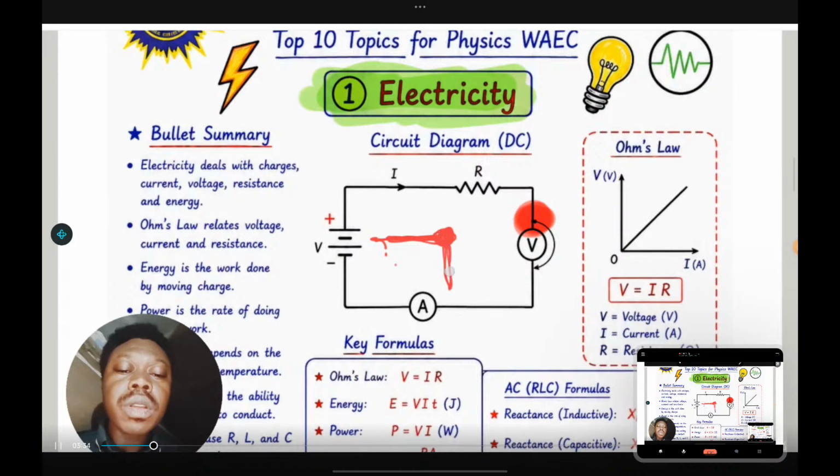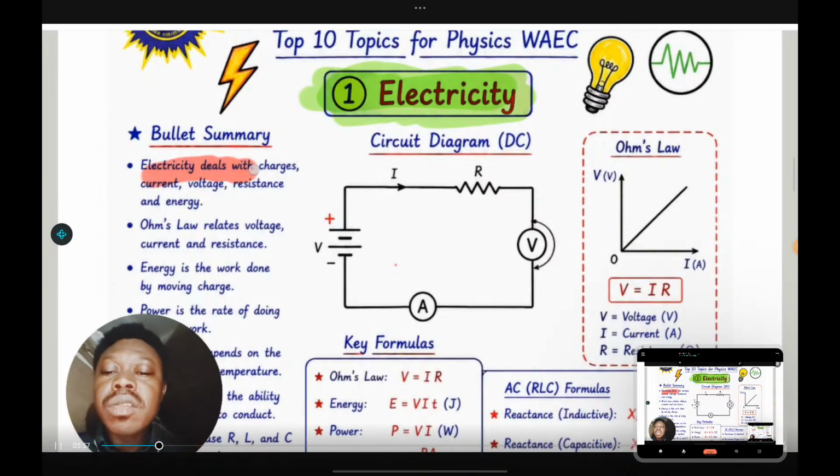One will come downward, another one will go this way. So at this position you can see there is a splitting. Hence, anything connected here becomes parallel to whatever is connected here. Is that clear? Please take note of all these terms.